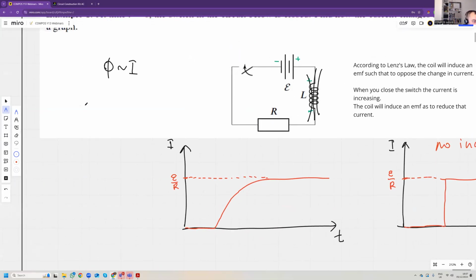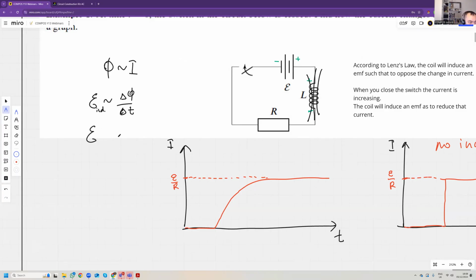Now, EMF is proportional to the change in flux over delta t. And you will see that this is the induced EMF.